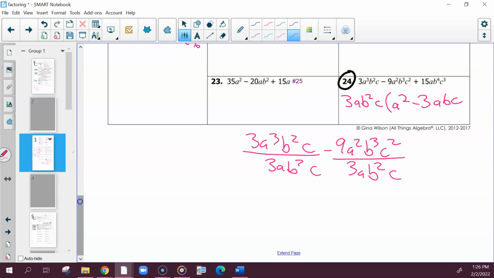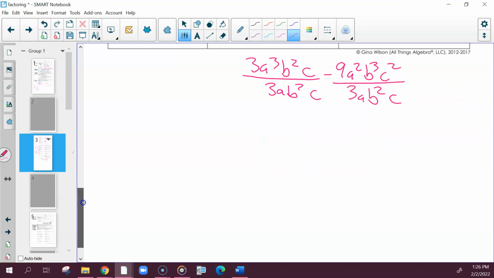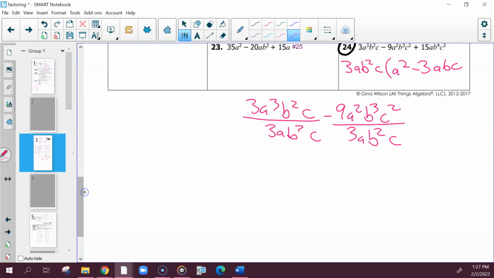And then for the last one, what would be left when we divide that part? 5B squared, C squared. So all of this is supposed to be in one line. I just ran out of space.